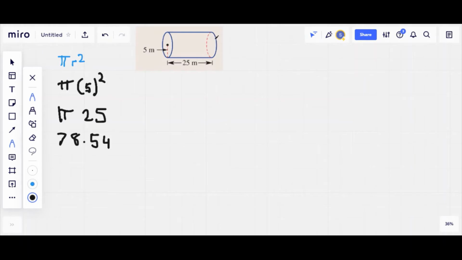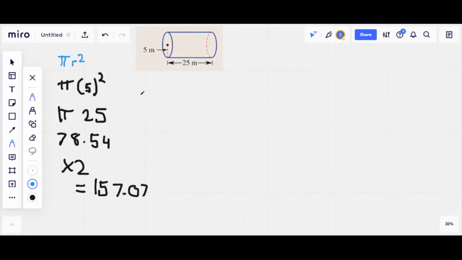If we have a look at the shape, we've got 2 circles here, don't we? So we need to multiply that by 2, because this circle will be the exact same size as this one here. Multiplying by 2 gives us 157.07. So that's the area of both of our circles added together.